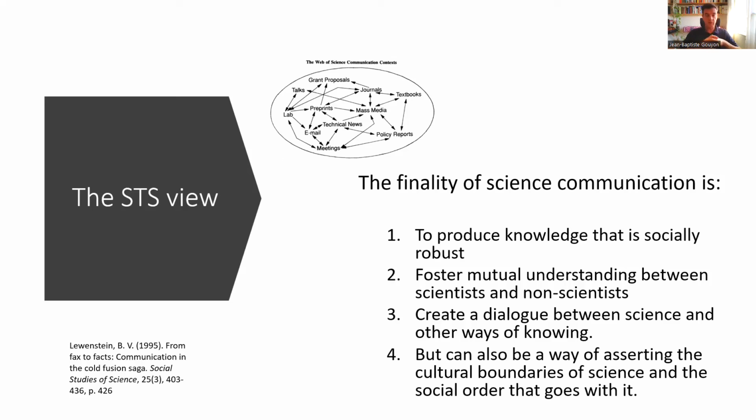And this is also something I want to discuss further down this lecture. So the received view on the one hand, the STS view on the other. So you see it's very different ways of approaching that phenomenon of science communication.